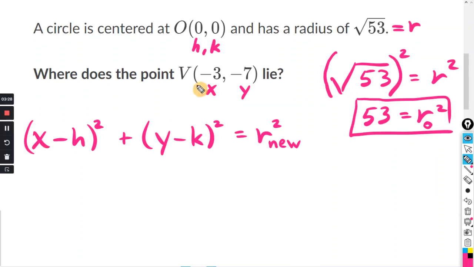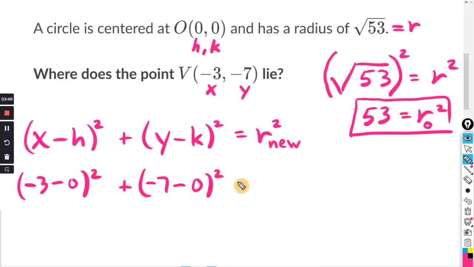For x, we have -3, minus h, which is 0, and that's squared. For y, we have -7, and for k, we have 0, so it's minus 0, and that's squared, and that's going to equal the new r squared.